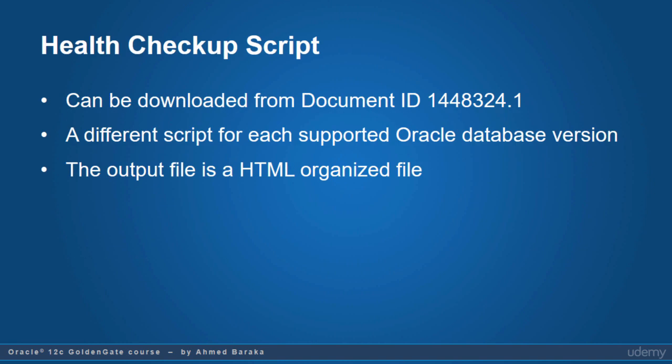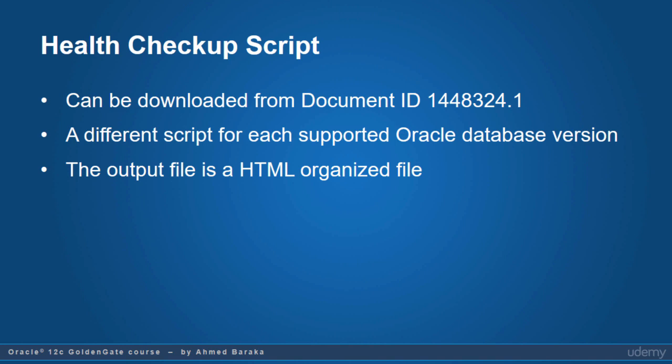Oracle support provides a very handy health check script to examine the health of an Oracle GoldenGate configuration. The script can be downloaded from the document ID 1448324.1. The script supports Oracle database versions 11.2.0.3, 11.2.0.4, and 12.1.0.1.